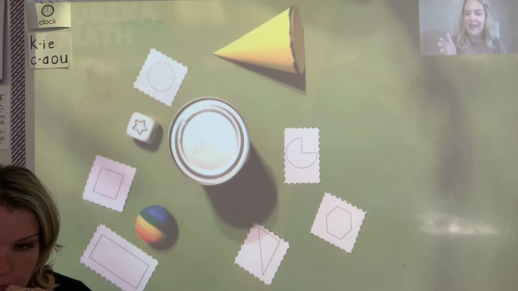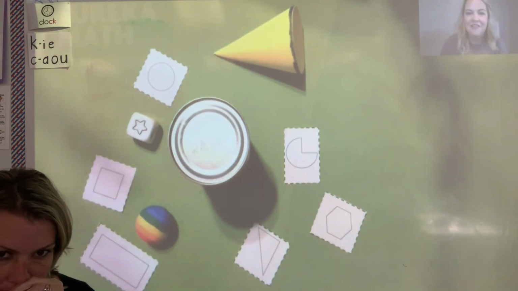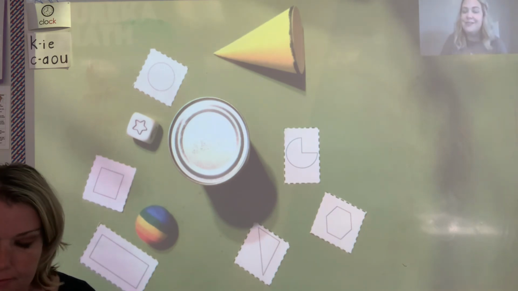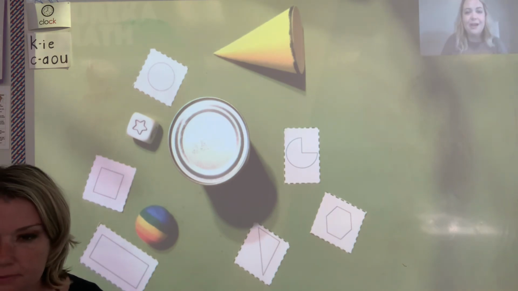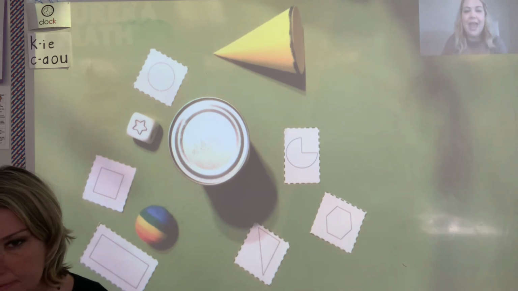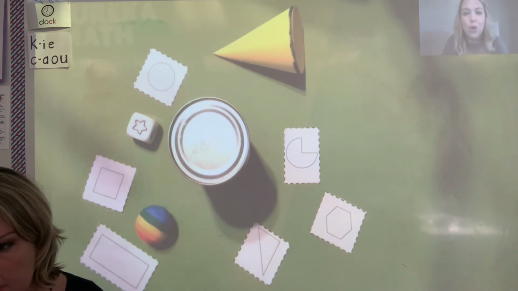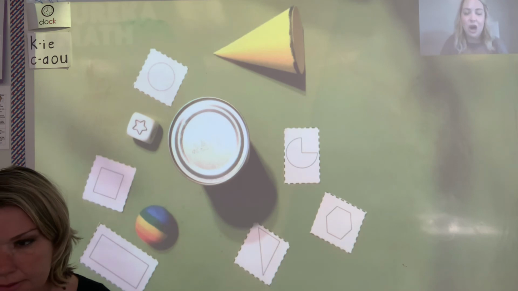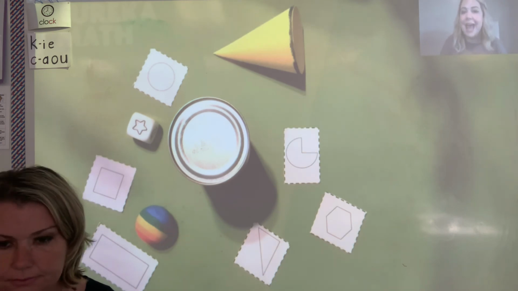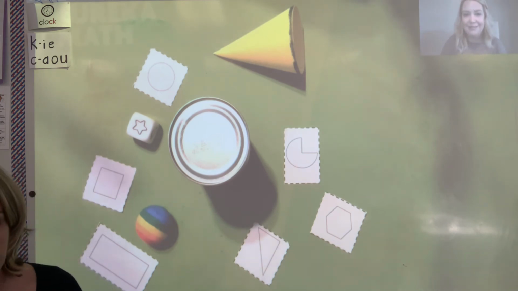Do you think we could sort all of these shapes that we have? I want you, here in a second, to push pause, and after you push pause, I want you to look at your shapes and think about anything that you notice that they have in common. Go ahead and push pause and look for things that they have in common.